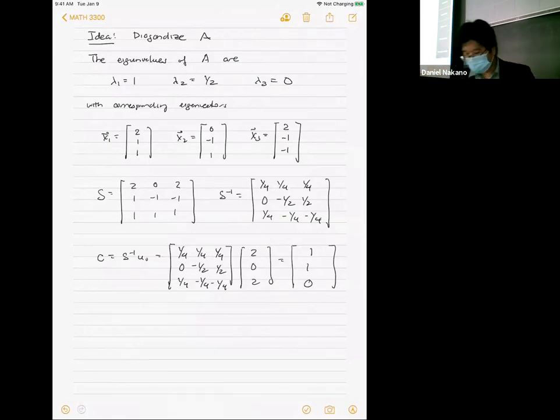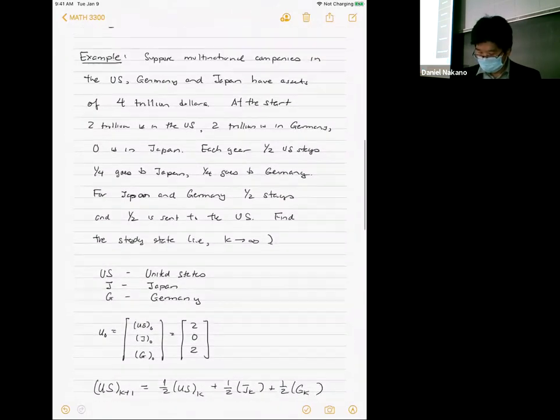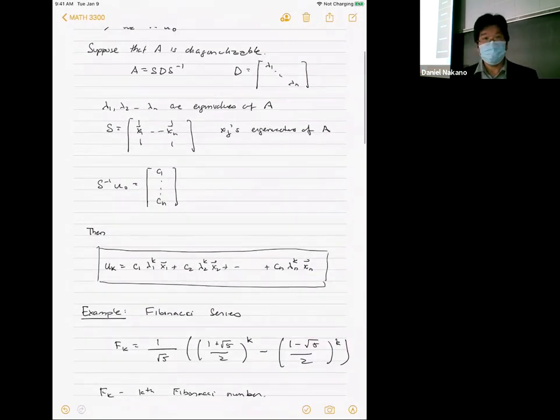Okay. Questions on this part so far? You find the eigenvalues of A, you find the corresponding eigenvectors, you put them in the matrix S, you find S inverse by various means, and then you get the vector C. So now we have all of the data necessary to apply this formula up here to find U_k.